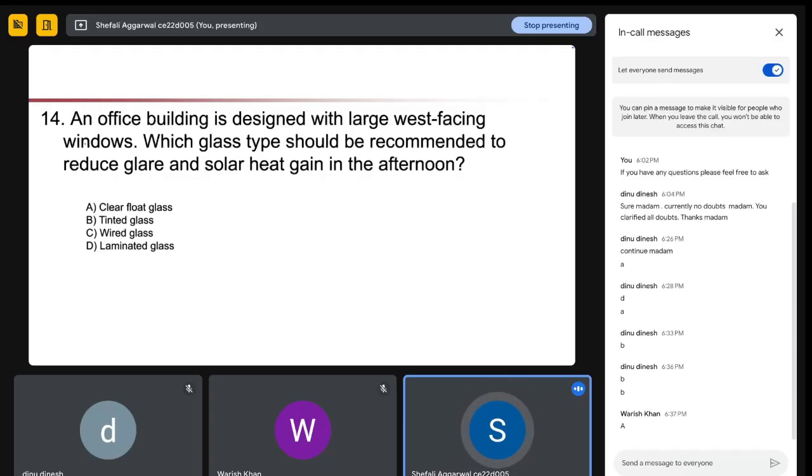But we don't have it as an option. So which glass out of these four do you prefer in this type of building? When you have to reduce the glare, as we have seen, we can use tinted glass. Okay.